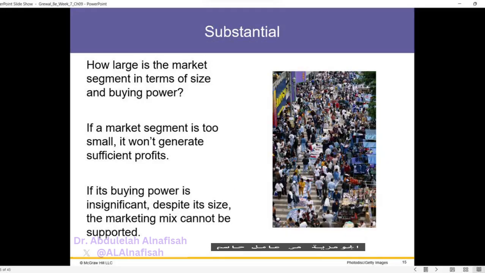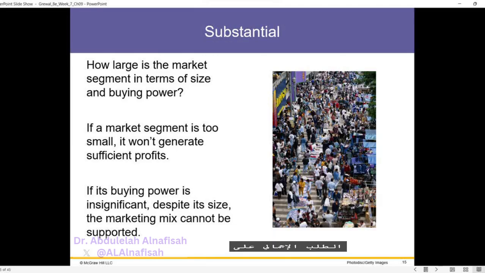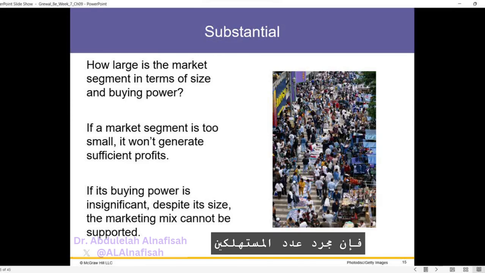Substantiality is a crucial factor in evaluating the potential of a target market. While identifying potential target markets is important, it is equally important to assess their sizes and buying power to determine if they can generate sufficient profits and support marketing activities. The size of a market refers to the number of potential customers or the overall demand for a product or service within a specific segment. However, the mere number of consumers does not guarantee profitability.